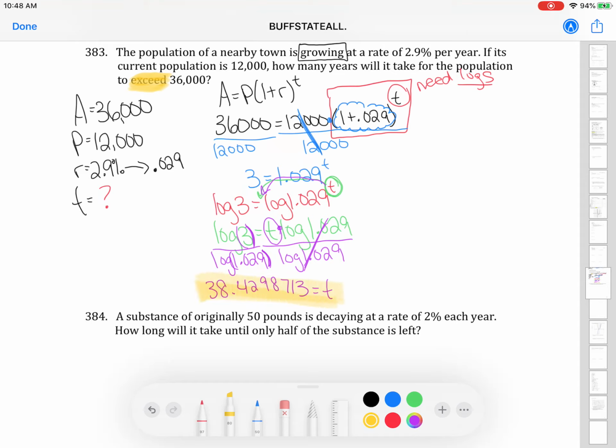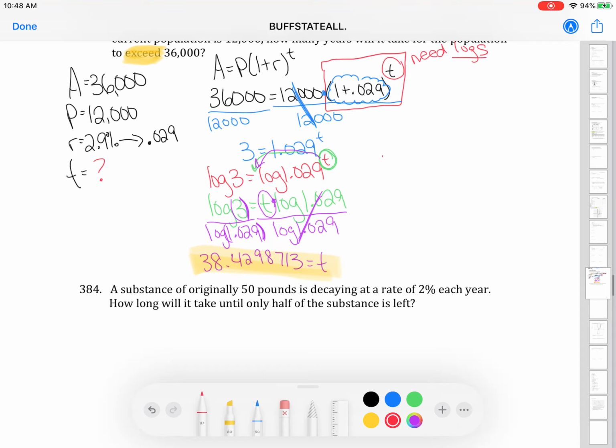But I want you to think about what we were trying to find. Remember this right here, exceed. So this is our answer. What that answer means is it takes 38.4298 blah, blah, blah years to reach 36,000. At 38 years, it hasn't quite reached 36,000 yet.